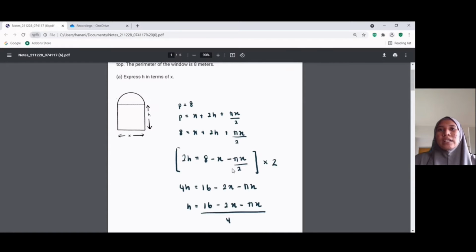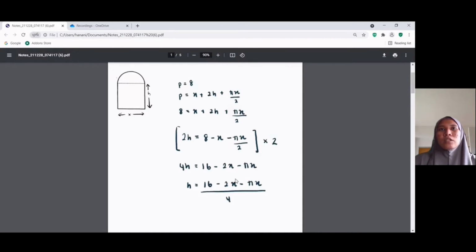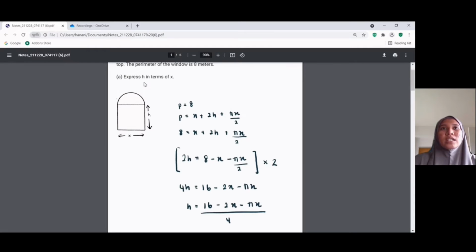To cancel out the 2 right here, we need to times the equation with 2, and we got 4h is equal to 16 minus 2x minus pi x. So we know from the question h is the subject, so we need to move 4 to here, and we got h is equal to 16 minus 2x minus pi x over 4. This is the final answer.